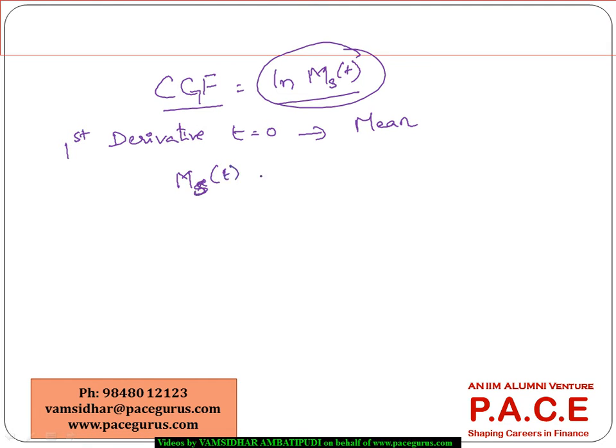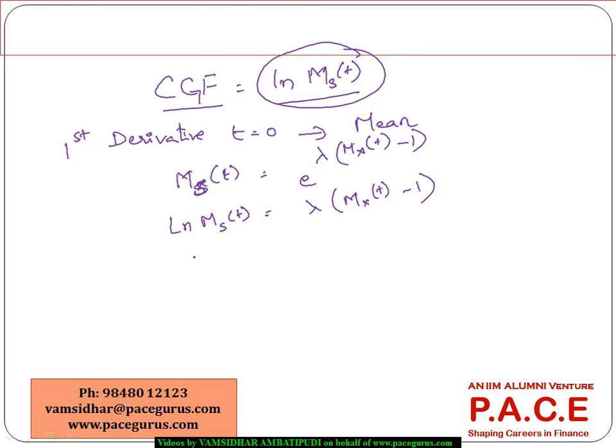So we know that right now M_S(t) is nothing but e to the power of lambda times (M_X(t) minus 1). So log M_S(t) is my cumulant generating function, which is lambda times (M_X(t) minus 1).